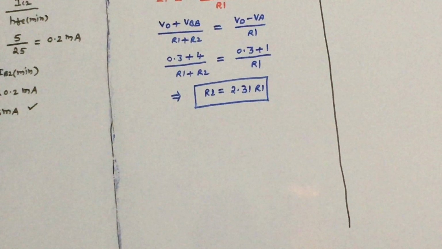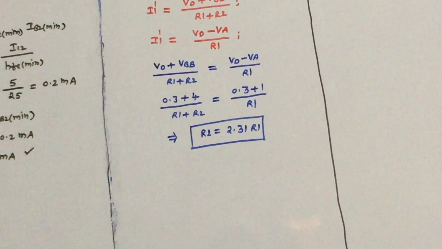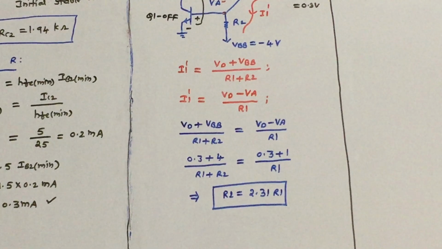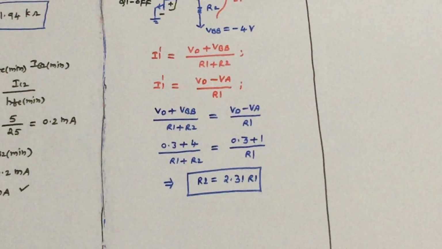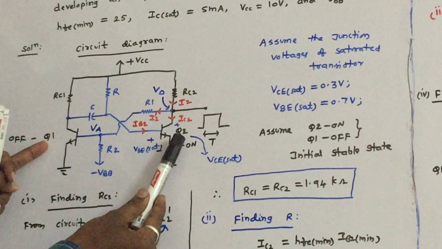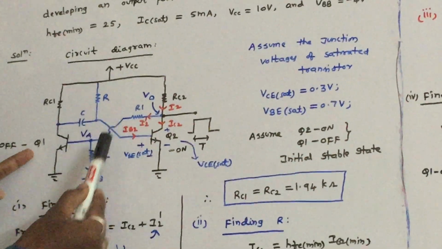So finding R2 from this relation. So the next step is to assume Q1 on and Q2 off. We have derived the relationship between R1 and R2.